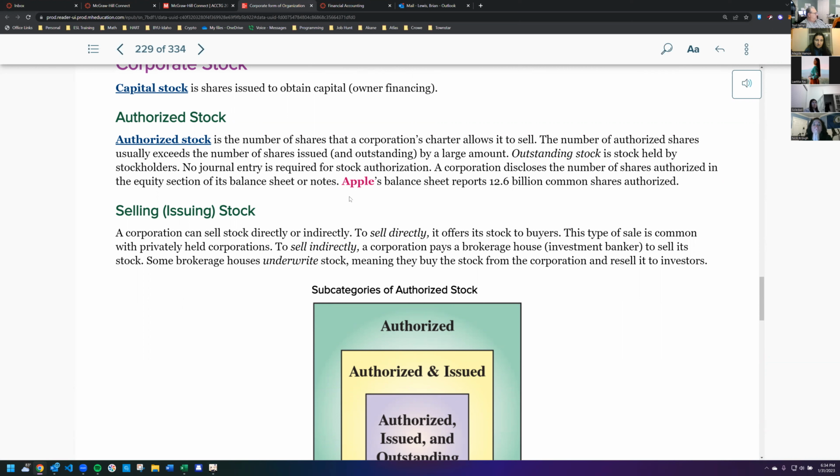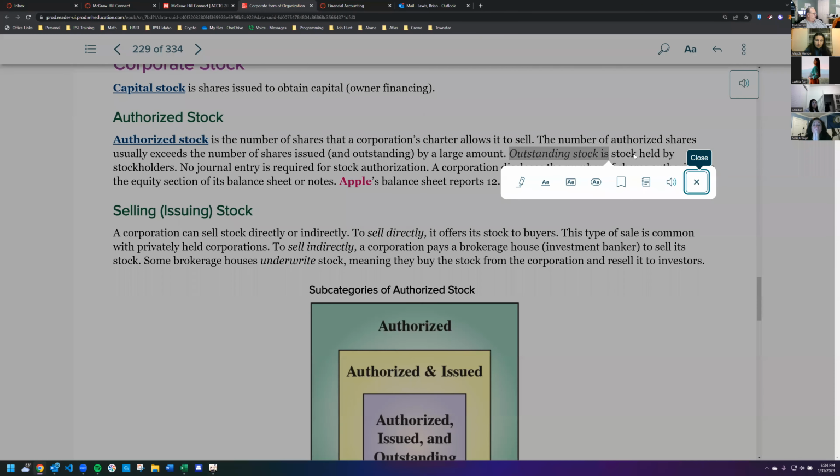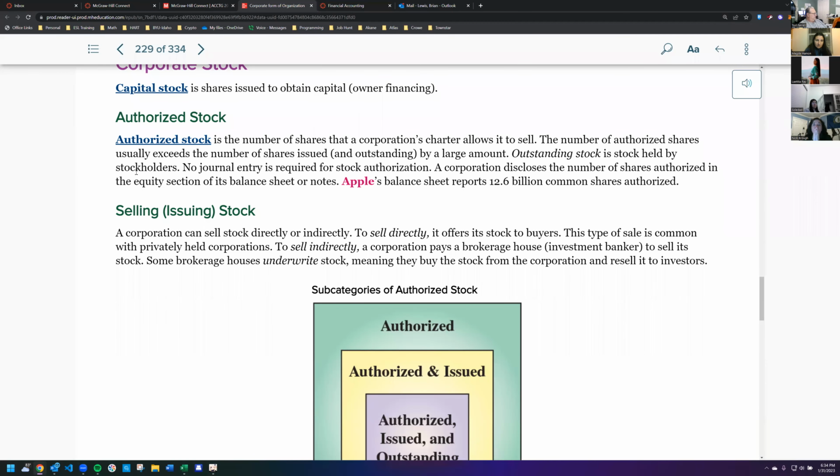So then I would hold on to this: outstanding stock is stock held by stockholders. So the issued stock is an amount that's out there, but not necessarily held by an actual buyer or a stockholder.